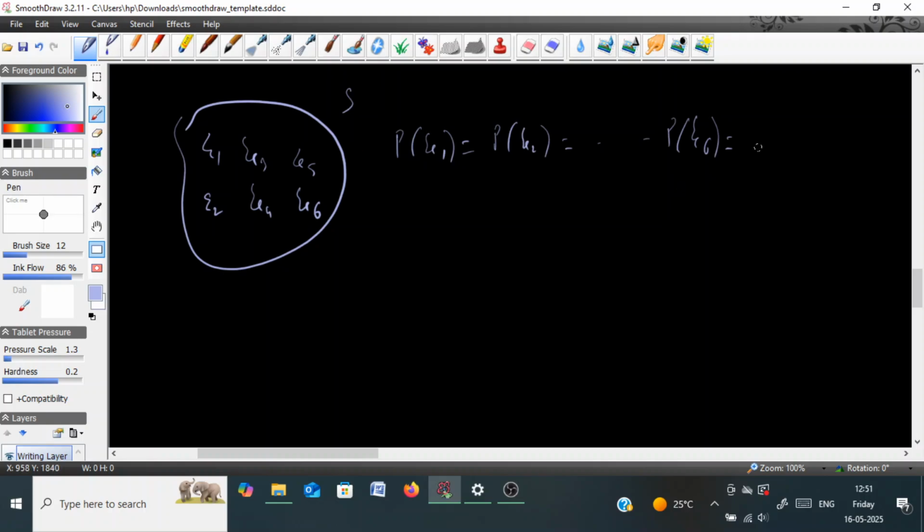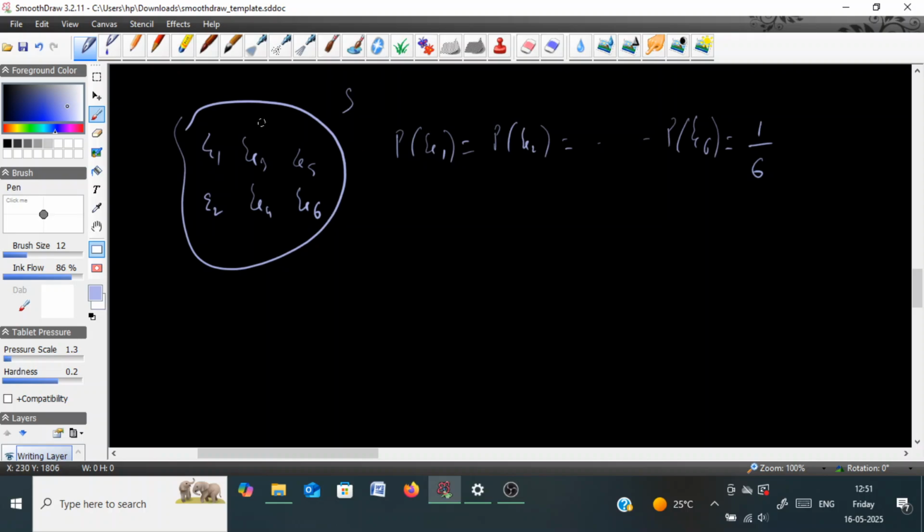This must be 1 by 6. We assume that the experiment is unbiased, so the probability of occurrence of each is the same.